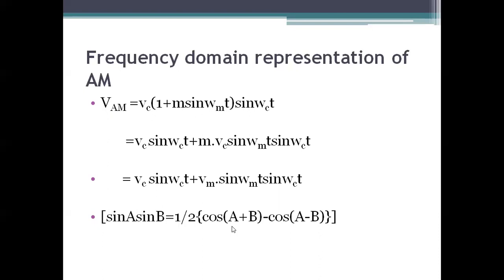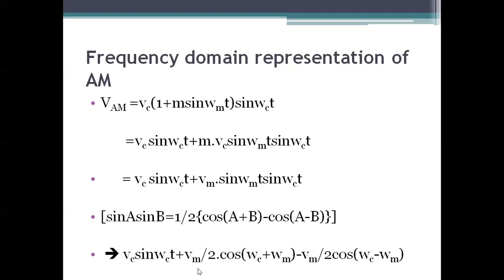Applying this trigonometric identity to sin omega mt and sin omega ct, we got this modified equation. So sin omega ct remains as it is, and for the second term we get Vm by 2 cos(omega c plus omega m)t minus Vm by 2 cos(omega c minus omega m)t.